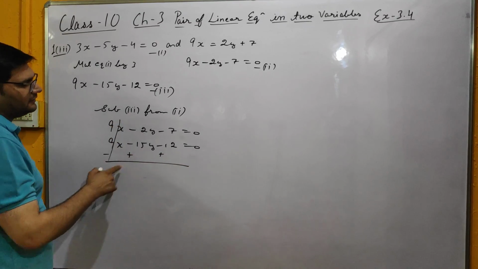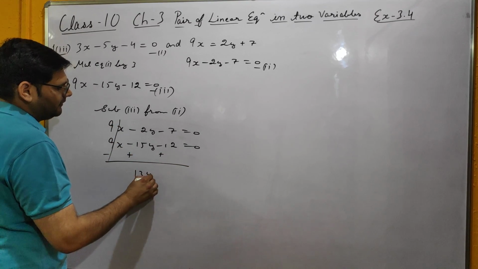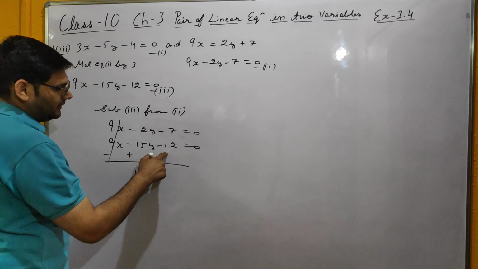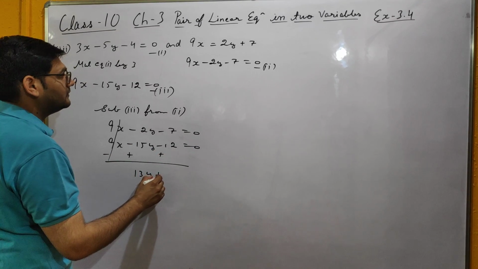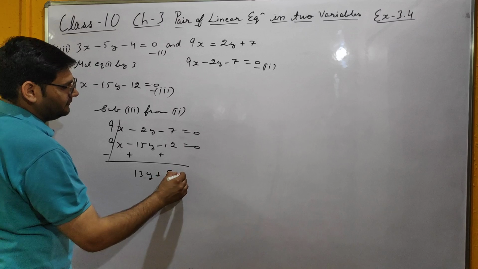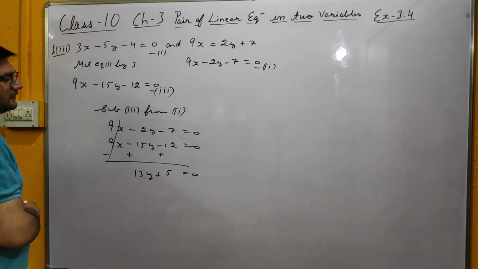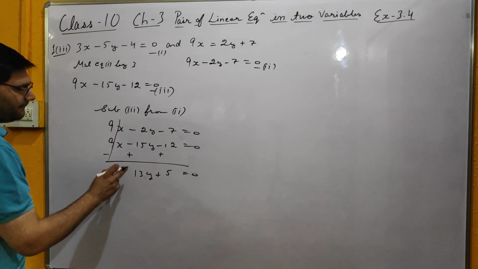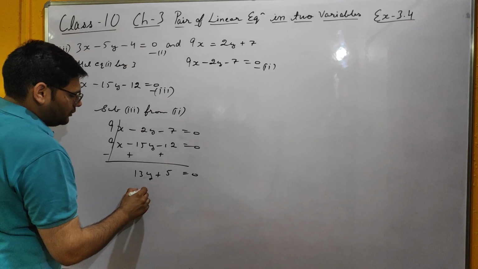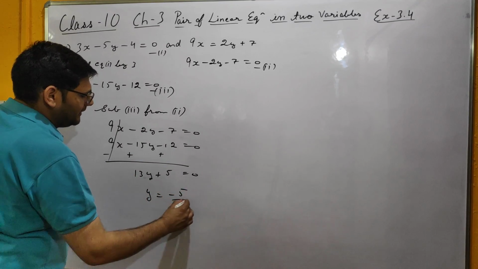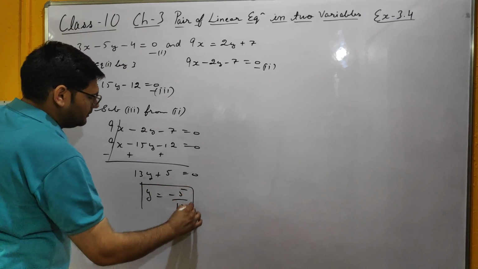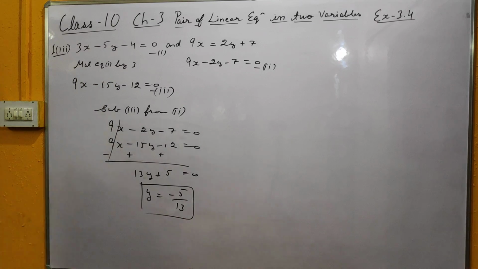This is cancelled. Then here it is 13y. And here it will be plus 5 equals 0. Plus 5. Okay. And here it was again plus. So y equals minus 5 by 13. This will be the value of y. y equals minus 5 by 13.